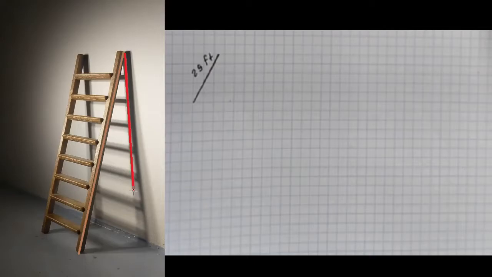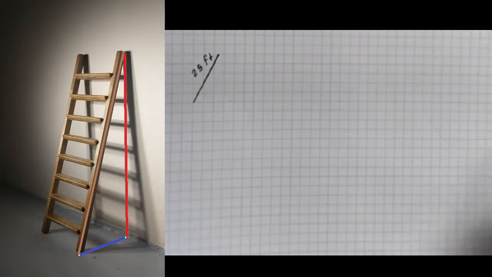So we can go to the corner, and then from this corner to that corner. Now this is a bit of a warped image because it's an image of a ladder with perspective. So I'm going to move over to the paper, and we'll continue the problem over on the paper.